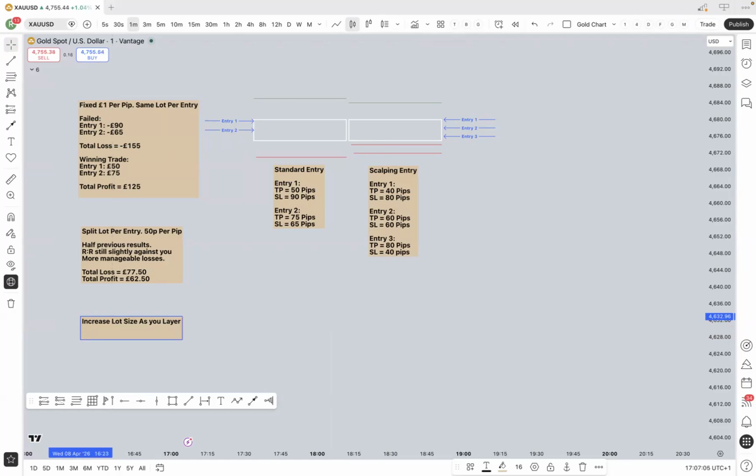What I'm going to show you now is an example of a failed zone. Entry 1 will be 0.25, so 25p per pip, which will equal £22.50 if your first entry goes to stop loss.